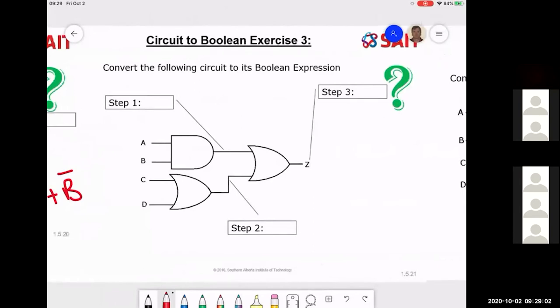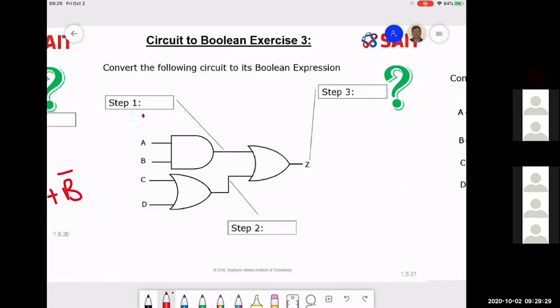Rohan. You there, Rohan? Hi. Can you answer this one, exercise 3, please, mate? What would step 1 be? AB, correct.